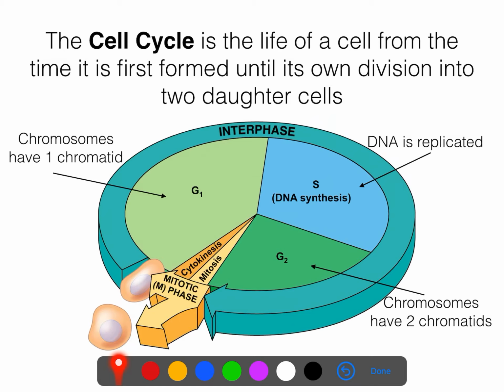And interphase is divided into three subphases. They're called G1, S, and G2. The G stands for gap.